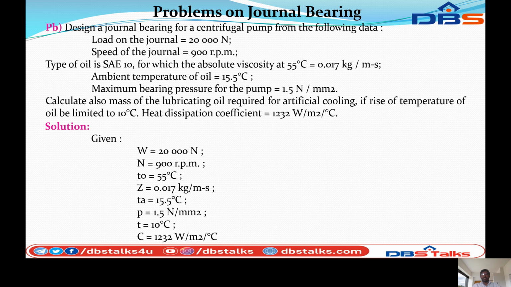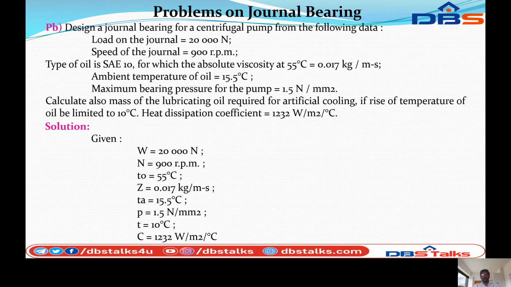So next, problems on the journal bearing. Let's start the problems. This is the first problem. Design a journal bearing for a centrifugal pump for the following data. Load on the journal is 20,000 Newton. Speed of the journal is 900 rpm. Type of oil is SAE 10, for which the absolute viscosity at 55 degrees centigrade is 0.017 kg per meter second.